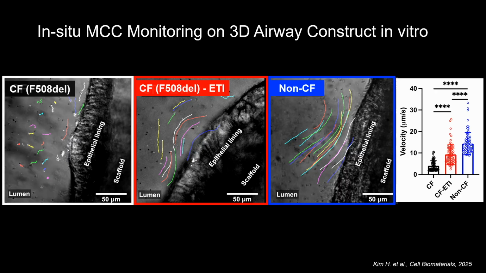With ETI-treated CF scaffolds, we observed a 2.5-fold increase in mucociliary transport velocity compared to untreated CF. So not only do we see smoother directional bead movement, but also we can get a functional boost in mucociliary clearance efficiency. That tells us our model is highly sensitive at the patient-specific level, demonstrating this could be a powerful tool for testing patient-specific therapies moving forward.